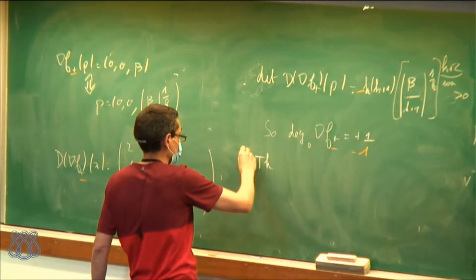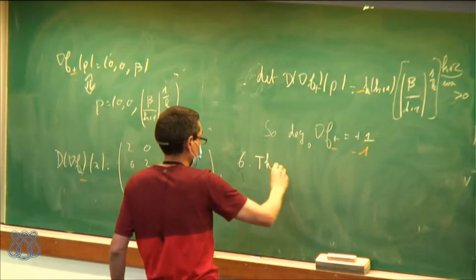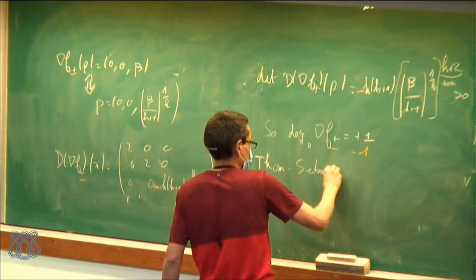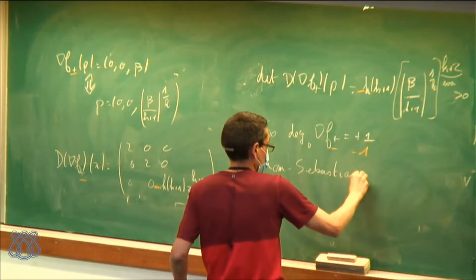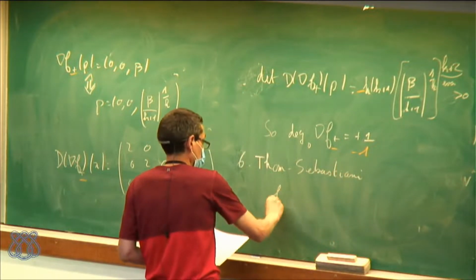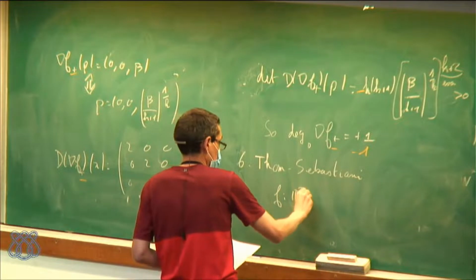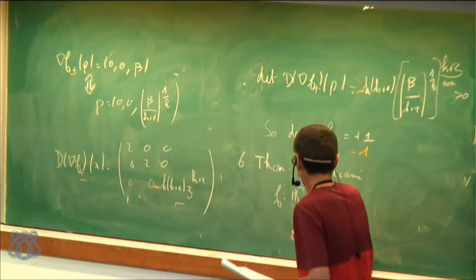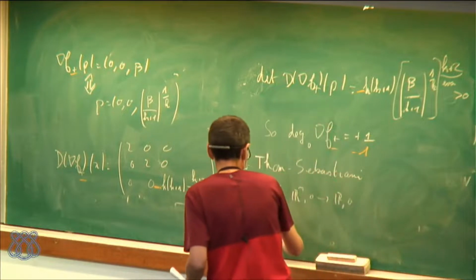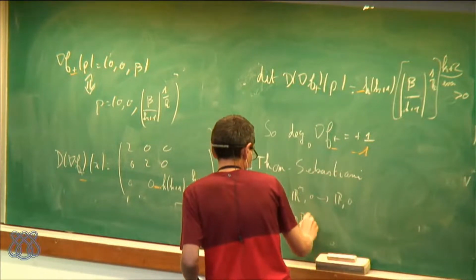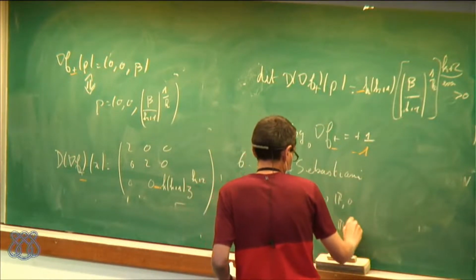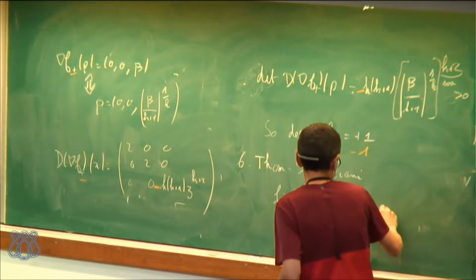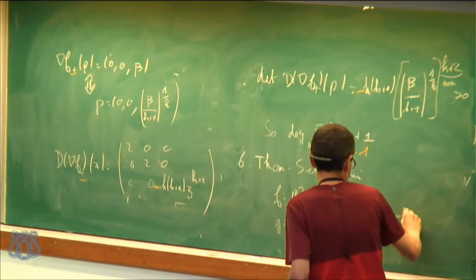Maybe 6 or 5. So you take two analytic germs, one from Rn to R, and one from Rp to R, with isolated singularity, isolated critical point.